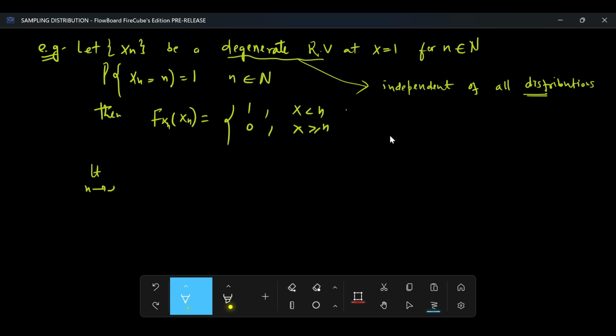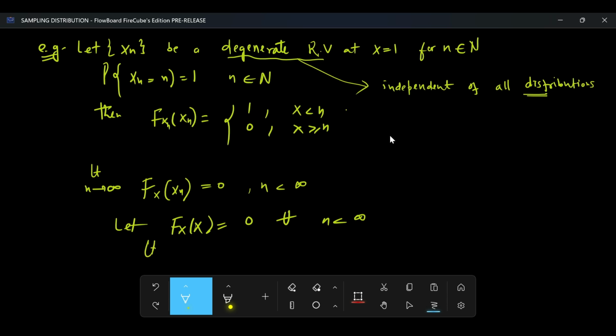limit n tending to infinity f of x xn is equal to 0. N is less than infinity. Let f of x be equal to 0 for all n less than infinity.